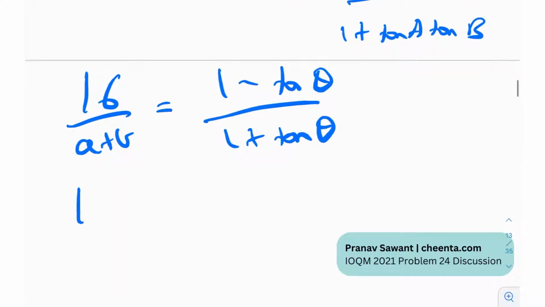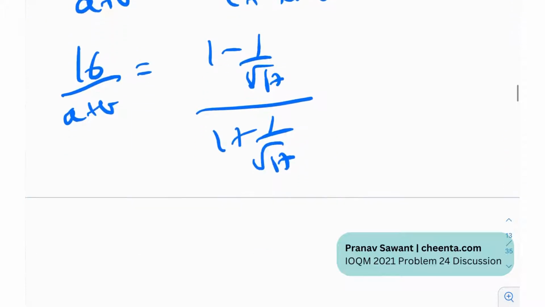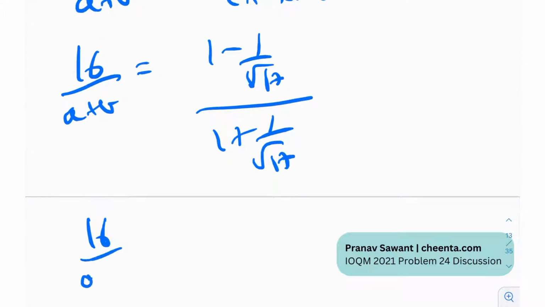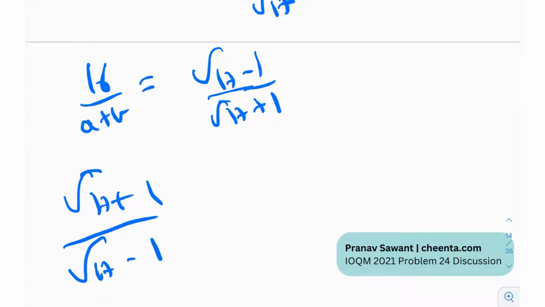So 16 divided by A plus B, what will it be? 1 minus 1 by root 17 divided by 1 plus 1 by root 17. So 16 divided by A plus B would be nothing but root 17 minus 1 divided by root 17 plus 1. And root 17 plus 1 divided by root 17 minus 1 would be A plus B divided by 16.